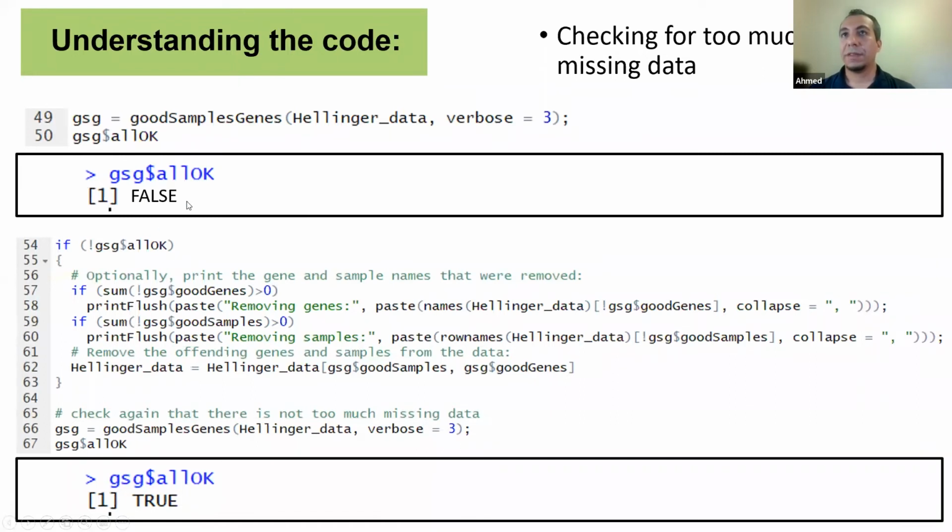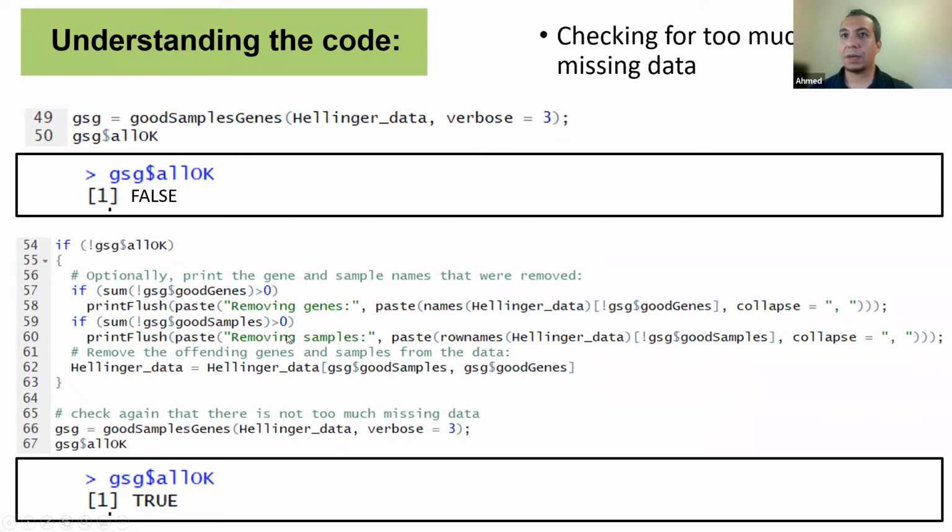So if it gives you a false output, that means you need to remove some of these samples. And again, there is a bunch of lines here in the code that allows you to remove all of the samples and the genes that are basically having 0 counts. It has here this exclamation mark, which means not larger than 0. So if it has 0 across, for samples or genes, they are going to be removed.